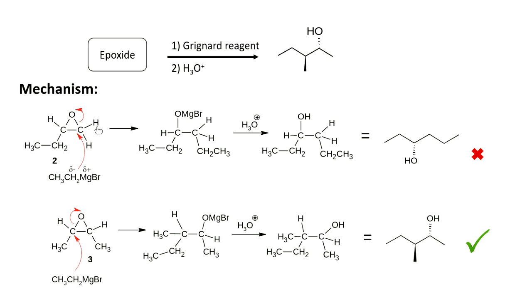So when the epoxide was unsymmetrical, meaning you have an ethyl group on one side and you have 2 hydrogens here, there's going to be a preferential attack on the side which is less hindered, which has less bulky groups. And this is due to steric and electronic effects. Steric, because it's an easier access for the nucleophile to come.